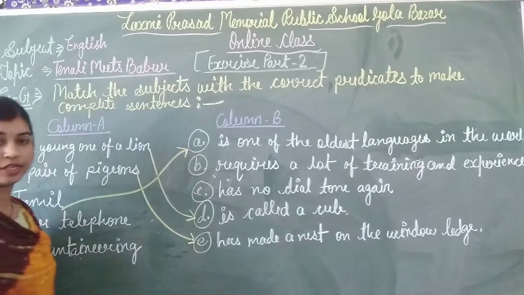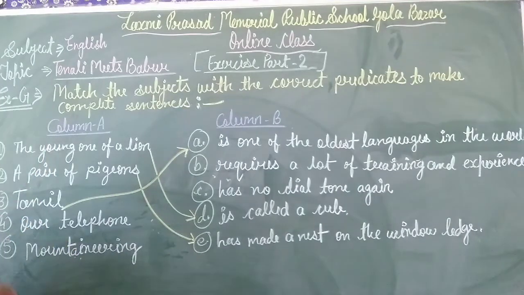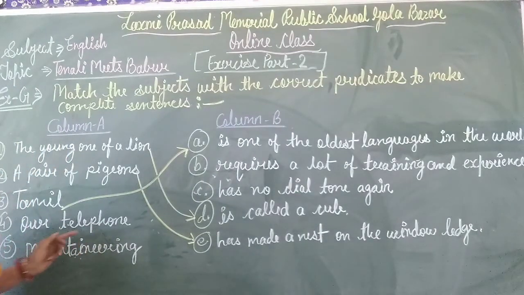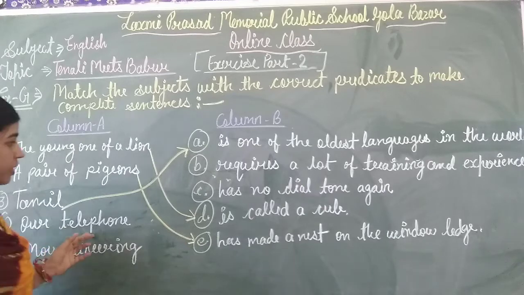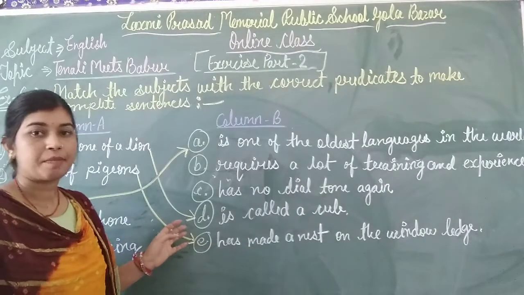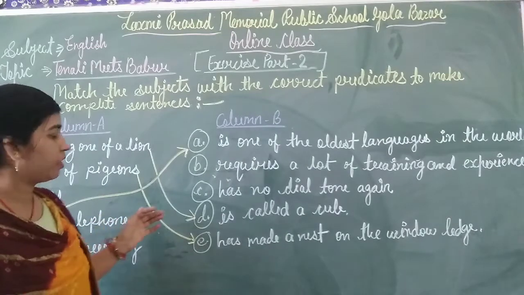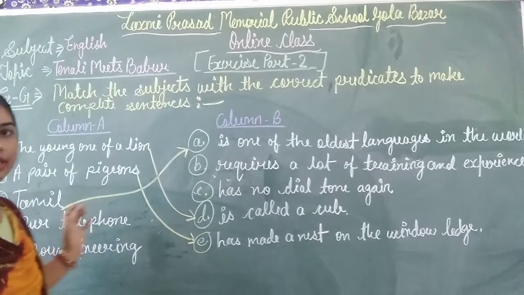Okay. So students, now next is number 4. Our telephone. This is a subject and you have to match correct option. Okay, so students, tell me which is the correct option.